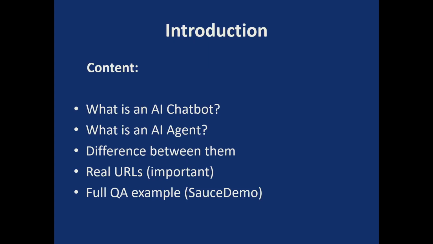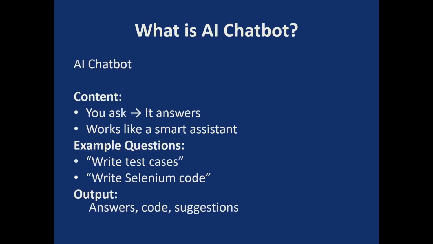So the very first thing is, what is an AI chatbot? An AI chatbot is a software where you type a question and it gives you an answer. That's it. It works like a smart person who can talk with you. For example, if you ask what are the test cases for login page, the AI chatbot will generate test cases.